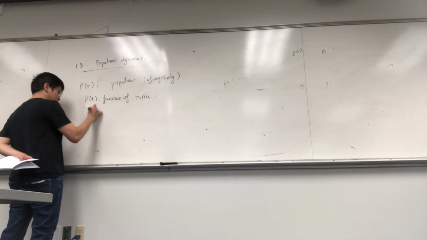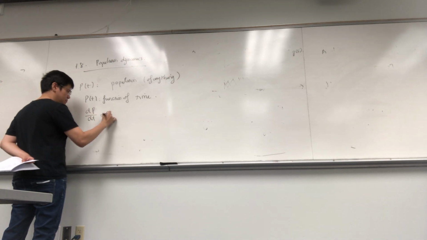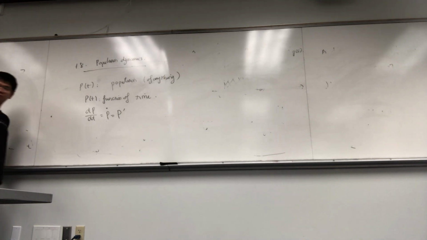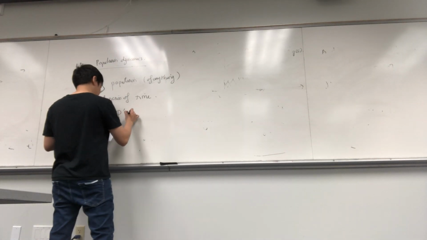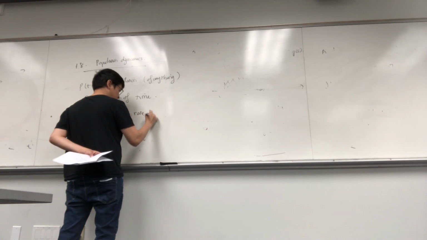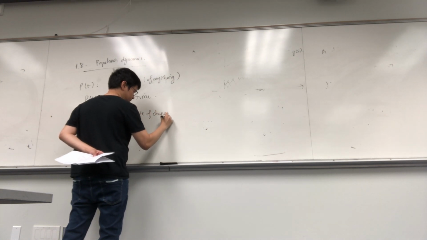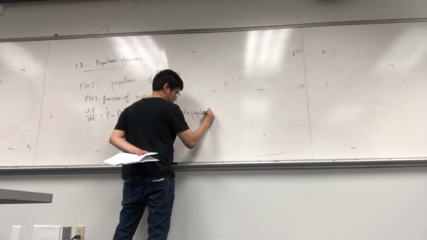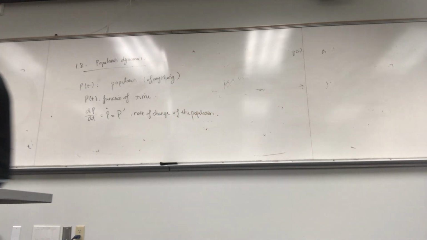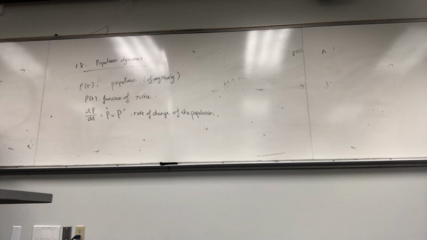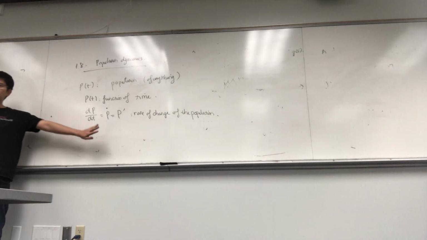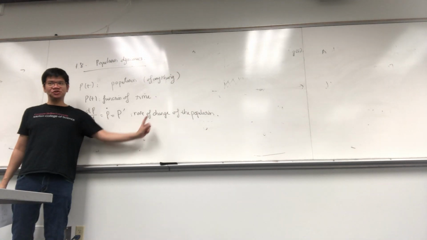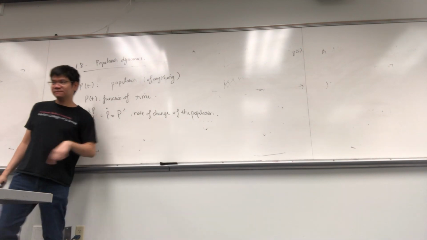So dP/dt, P prime, P dot, this is the growth, the rate of change of the population. You compute the derivative of this function. This is called the rate of change of this population, right?